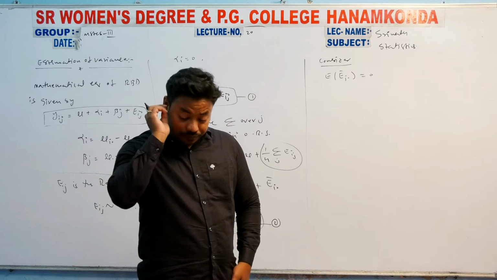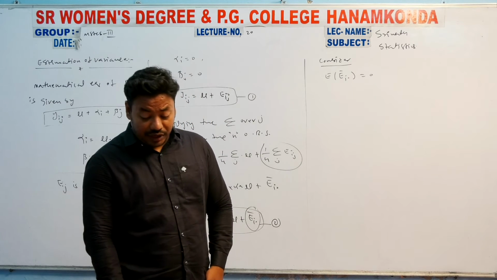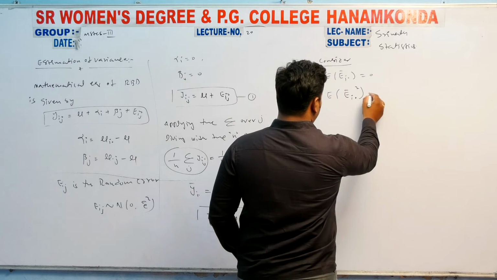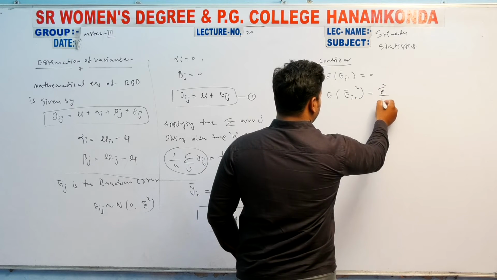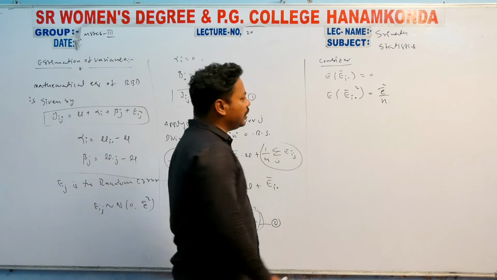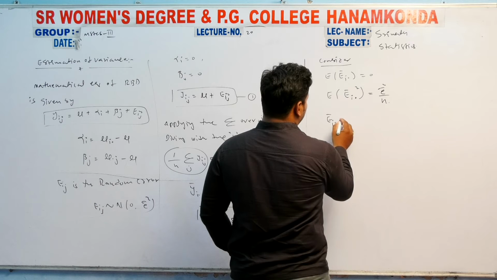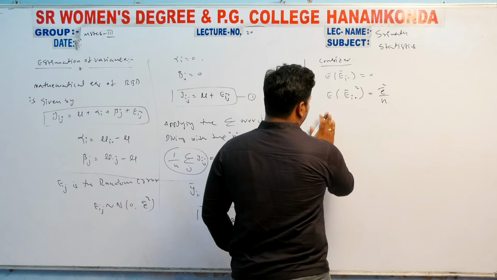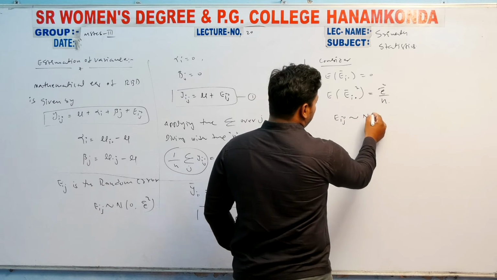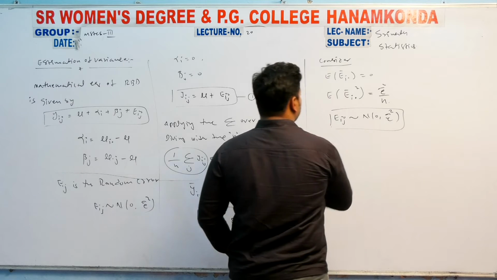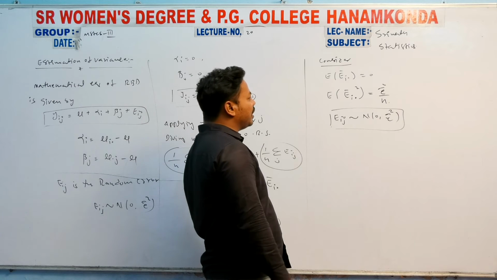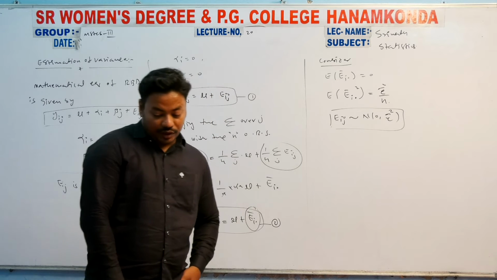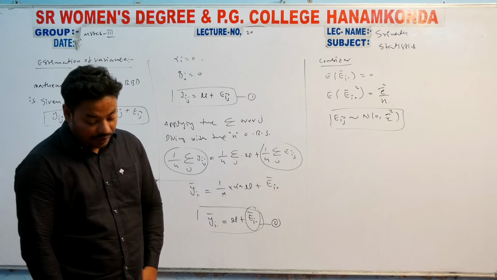Why 0? Because here expectation of Ei dot bar equal to 0 and expectation of Ei dot bar square equal to variance of E by n, because Eij follows the normal distribution 0, variance of E. In this statement we are generating the expectation of Ei dot bar equal to 0 and expectation of Ei dot bar square equal to variance of E by n, and we can directly substitute.